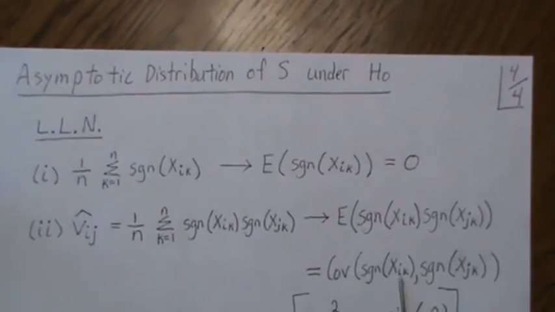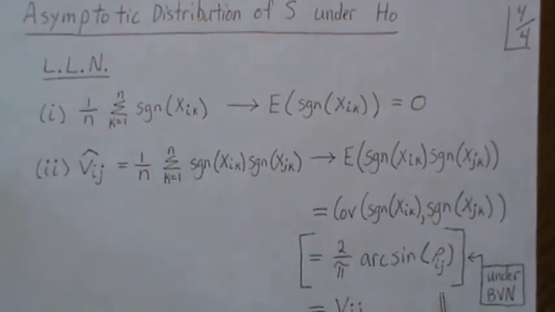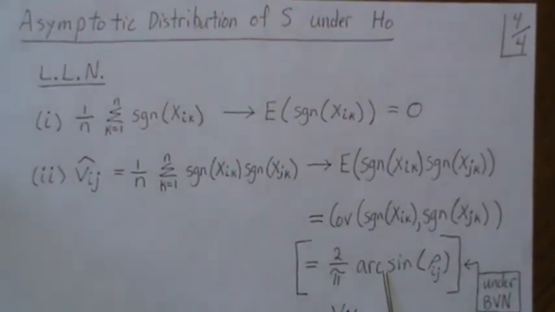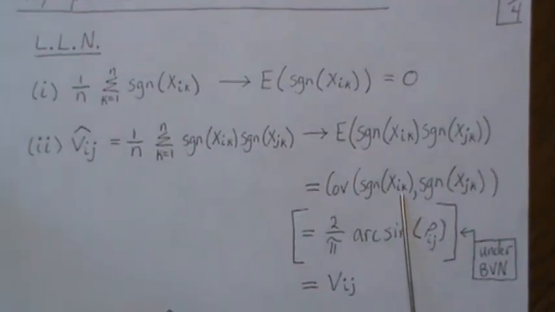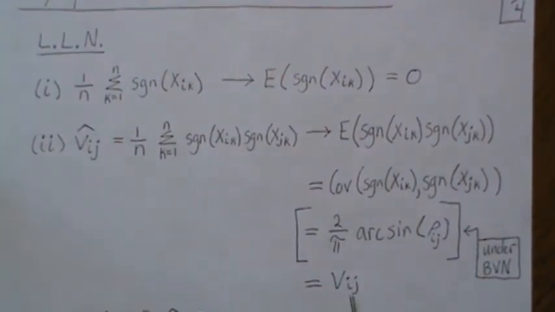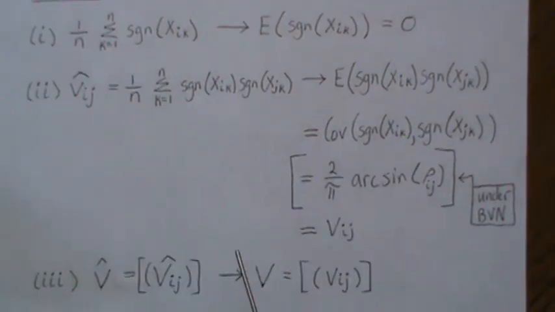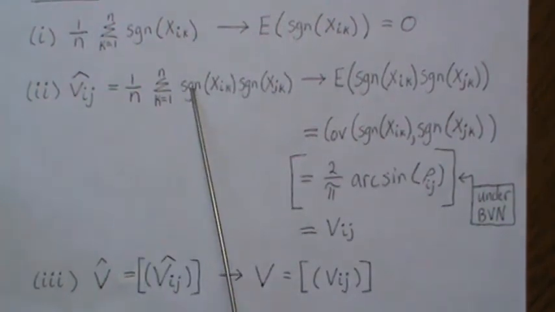So the covariance between those two. Now, we did under bivariate normal assume it was this, but in general we can't. So we just call whatever that covariance is V_ij. So what we just showed here is that this matrix, V hat, converges to V, whatever it is.